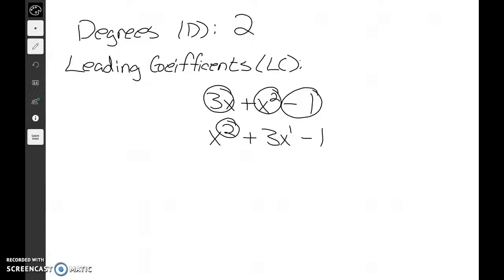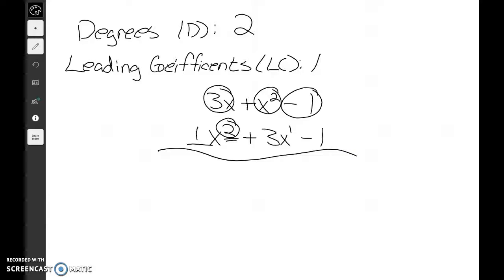We've already identified the highest exponent as 2, so the number in front of the x, there's no number. That means it's understood to be a 1. So here the leading coefficient would be the number 1. So it's really easy to determine the degree and the leading coefficient in a polynomial. The only time this really gets tricky is if you have multiple exponents in one term.